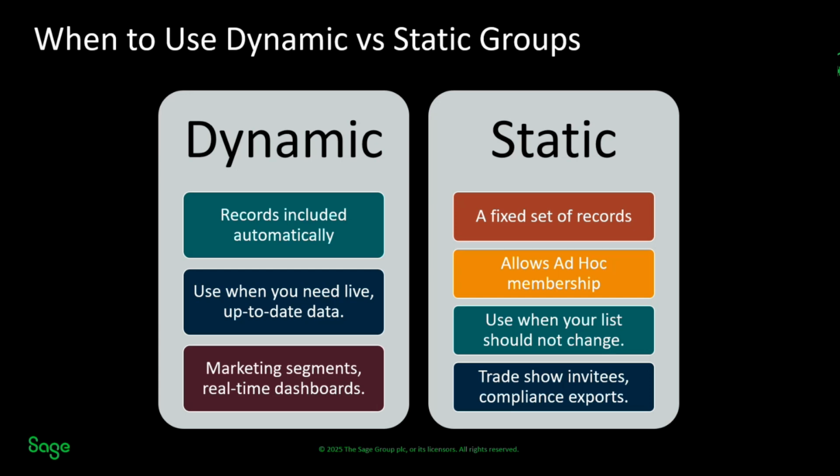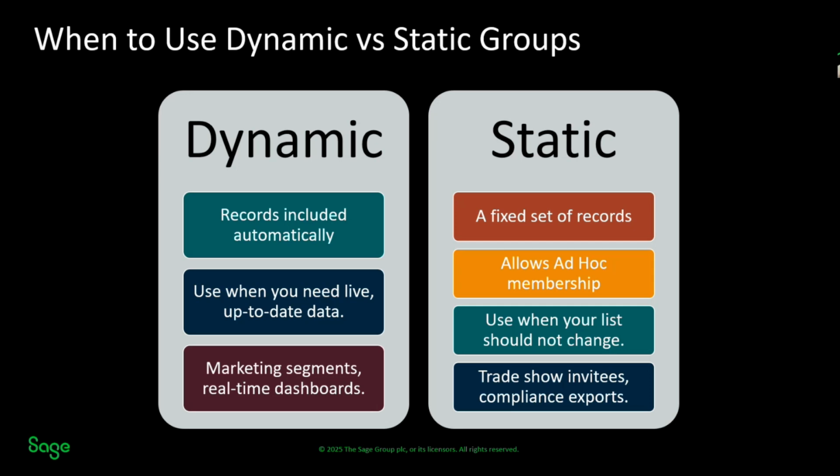And so that's when you are wanting to segment your information for marketing purposes, or if you're wanting that as the basis of any real-time display of information, such as a dashboard KPI report, or anything being delivered into the interface. In terms of the static side, the static groups represent a snapshot.